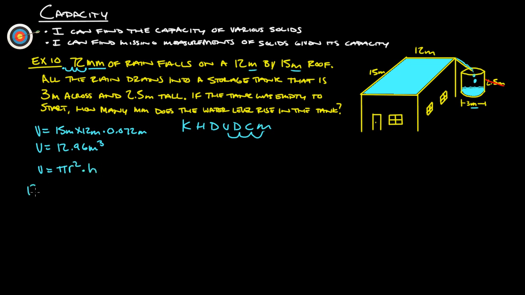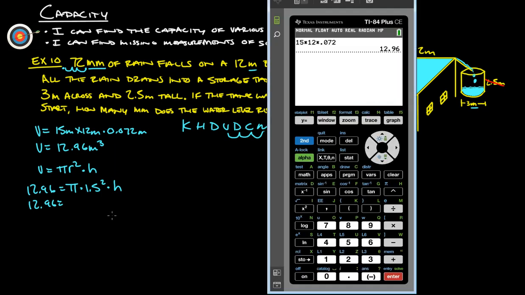So we know the volume, 12.96. Pi is pi. Radius of this thing, if the diameter is 3, the radius is going to be half of that. So that's going to be 1.5 squared times the height. So we should be able to solve this to figure out what the height's going to be. 12.96 equals whatever we get for pi times 1.5 squared.